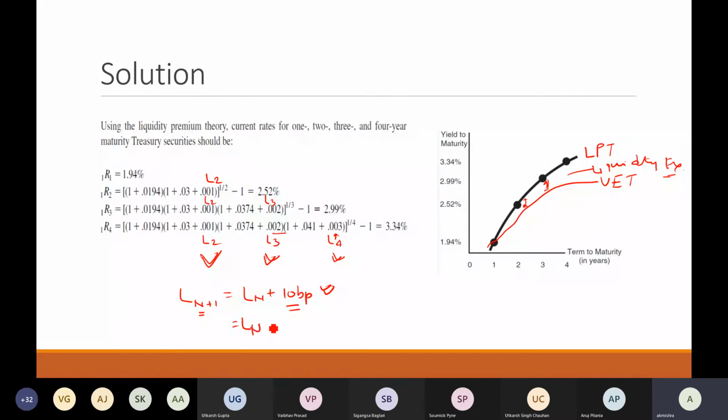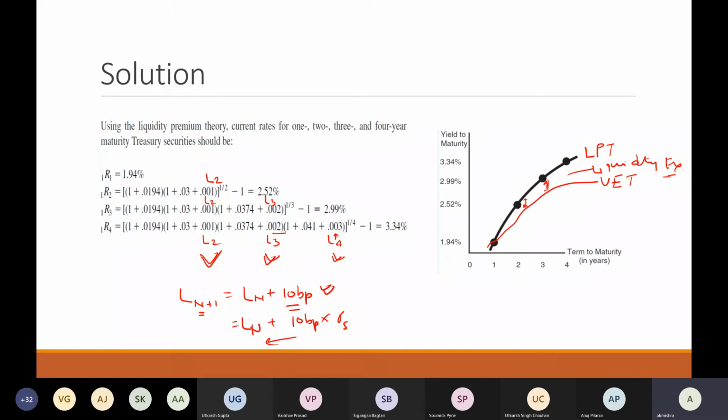Someone can say no, there will be some delta of the previous 5-year or previous 10-year variation in yield or in trend. So there are n number of ways by which L can be calculated or L can be assumed, the liquidity part.